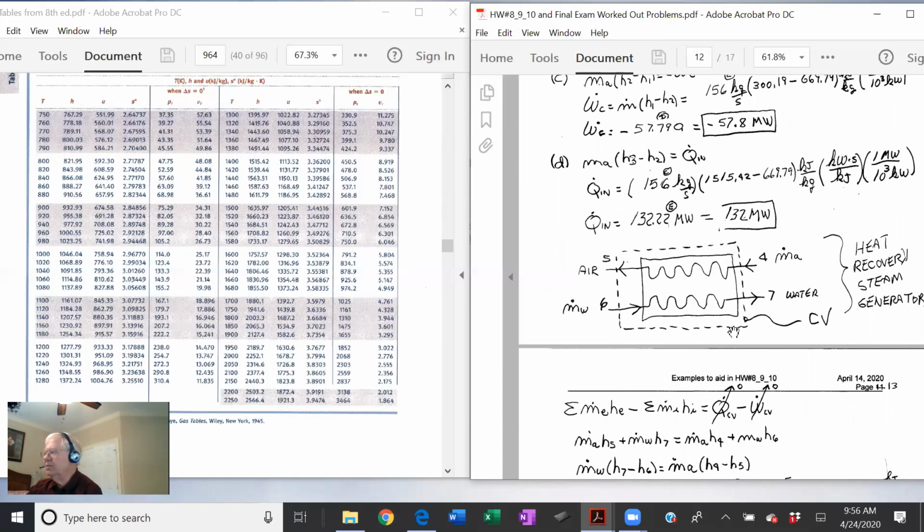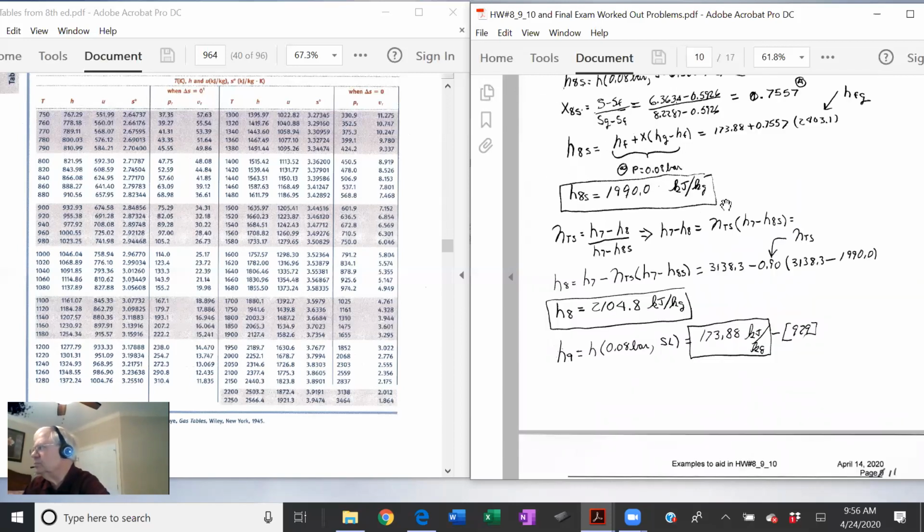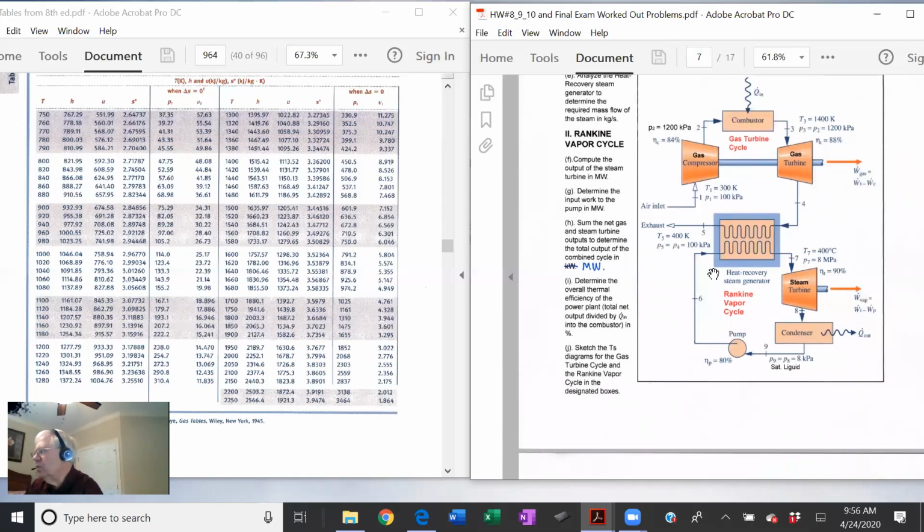Now you're ready to analyze the heat recovery system. So you've gone through this system here and calculated the mass flow required in this Brayton cycle to give you the 45 megawatts. So that fixes the mass flow rate through here.